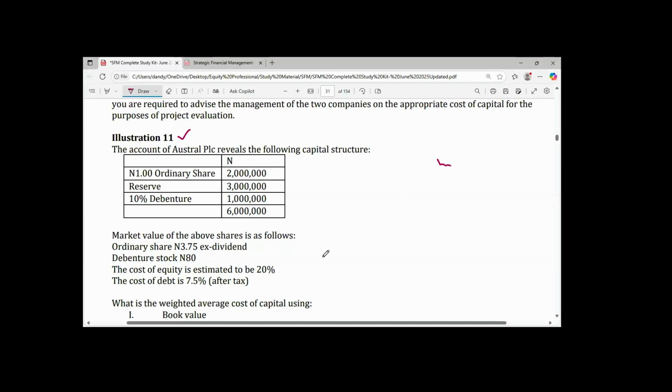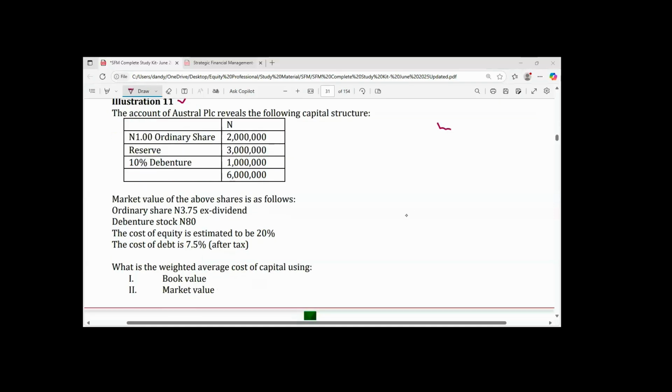The accountant of Astra PLC reviews the following capital structure: 1 naira ordinary share at 2 million naira, reserves at 3 million, 10% debenture at 1 million.